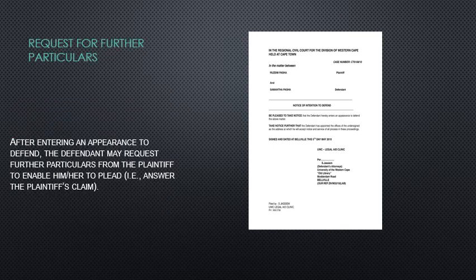Now, another stage of the pleadings is the request for further particulars. After entering an appearance to defend, the defendant may request further particulars from the plaintiff to enable him to answer the next stage that we'll be talking about.